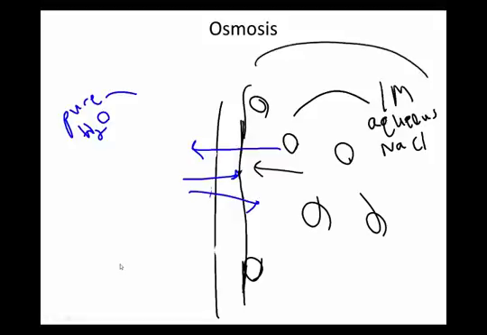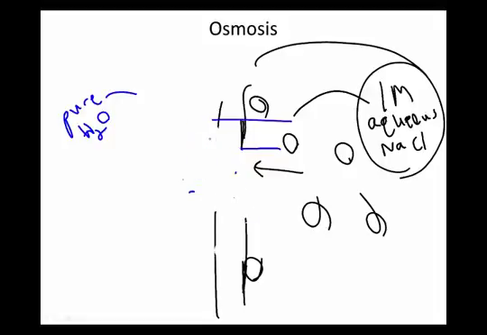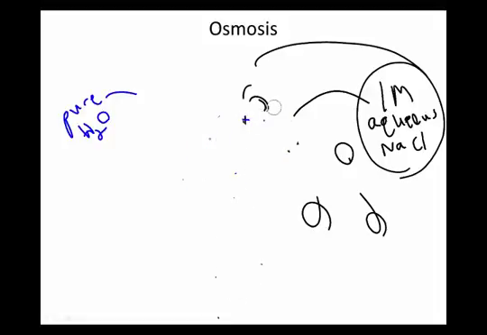So the 1 molar aqueous NaCl, the solute, impedes the flow of solvent from the 1 molar to the pure water. So the net aggregate, I'm going to go back to my macroscopic view, my larger view here.